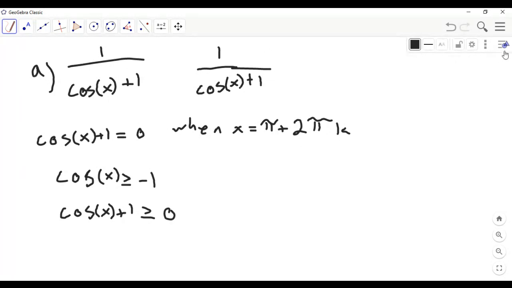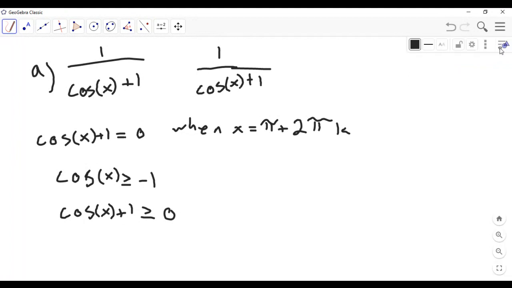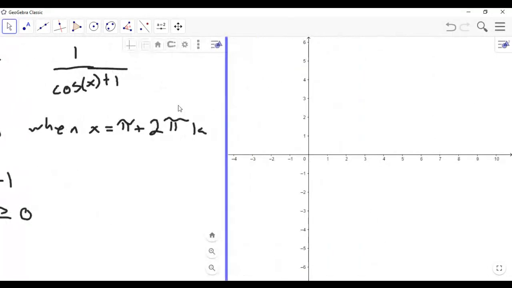So if we actually went ahead and graphed this, just a sec, see if I can put up a graph.